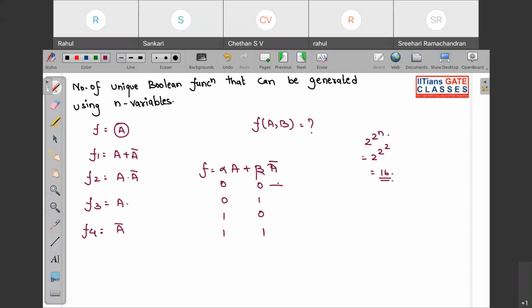For 0 0, this function will be 0. For alpha equal to 0, beta equal to 1, this will be A complement. For the next one it will be A, and for 1 1 it will be A plus A complement. So you will be getting only 4 functions over here.